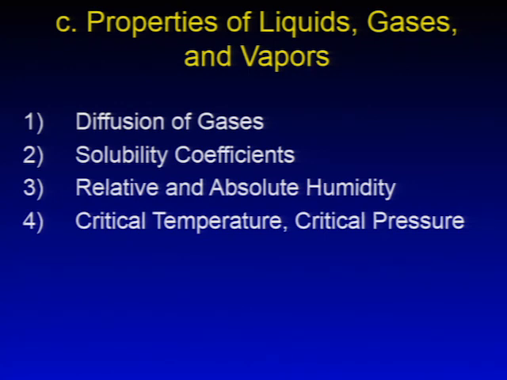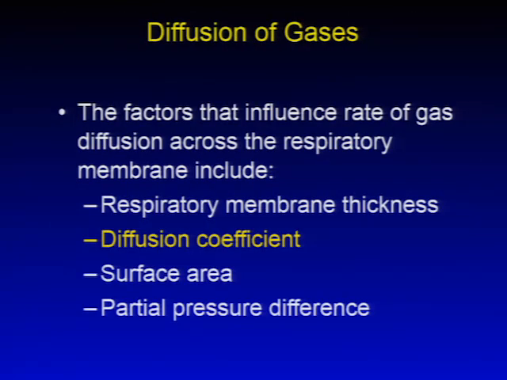So let me move on to the next topic, properties of liquids, gases and vapors. Diffusion of gases. The diffusion of gases is influenced by the following characteristics: respiratory membrane thickness, diffusion coefficient, surface area, and partial pressure difference.